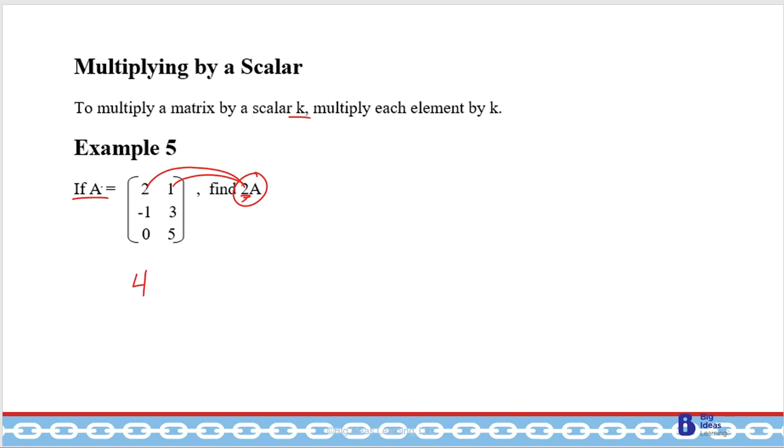All right, so 2 times 2 is 4. 1 times 2 is 2. Negative 1 times 2. 2 times 3. 0 times 2. 5 times 2. Right, there is my new matrix. So that is multiplying by a scalar. We take the matrix and multiply every term inside by the same value.